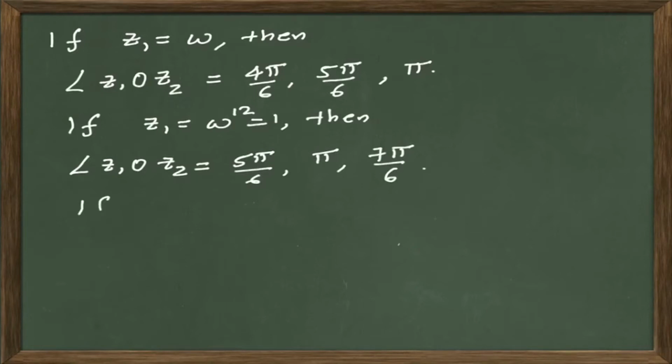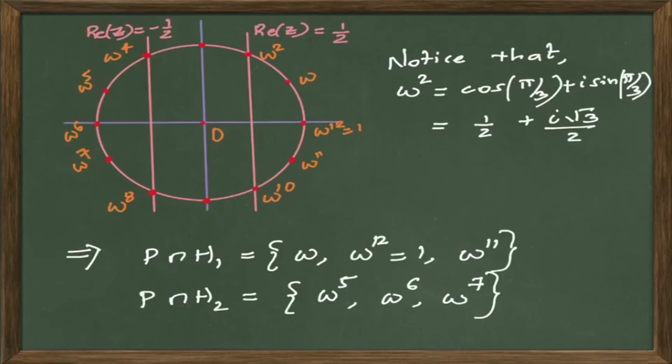Similarly, if Z1 is equal to omega to the power 11, then the angle Z1 O Z2 can take the following values. If Z2 is equal to omega to the power 5, then the angle is pi.